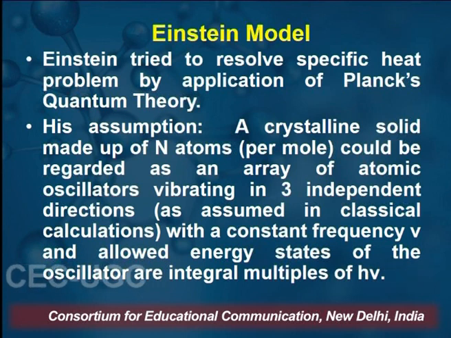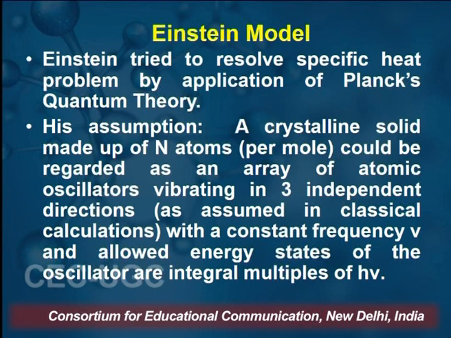He tried to resolve it by applying Planck's quantum theory, and his assumption was that a crystalline solid is made up of capital N number of atoms per mole, which could be regarded as an array of atomic oscillators vibrating in 3 independent directions with a constant frequency nu.